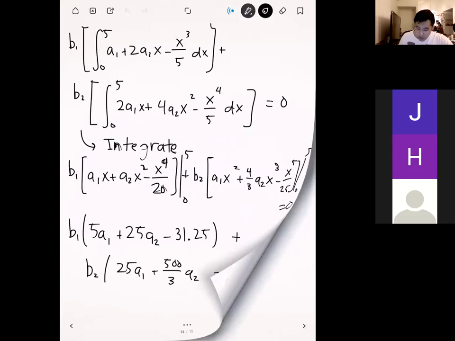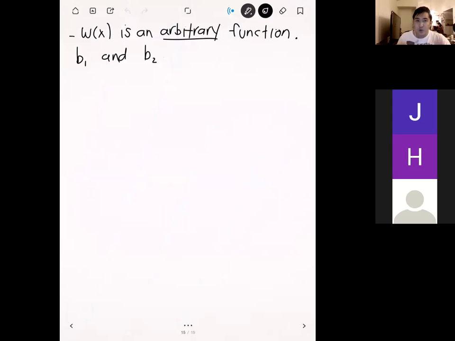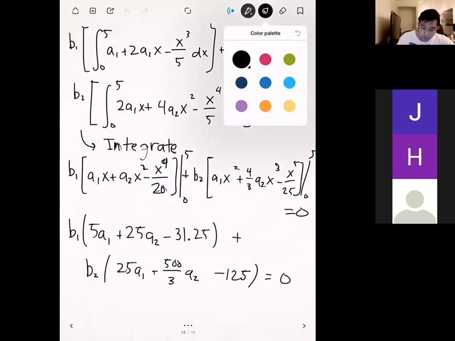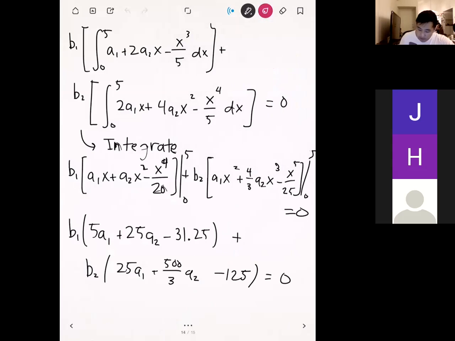And so in the formula on the previous page, I've set it up like this because if b1 and b2 can be anything, then in order to actually satisfy the equation, the terms in parentheses here have to satisfy the equation.